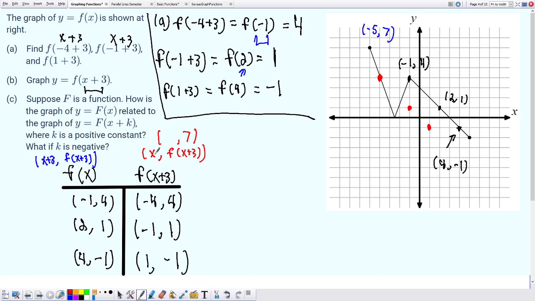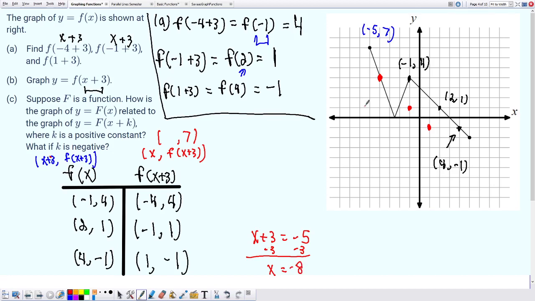F of x plus 3, but what would the original x value be? Well, corresponding to this x plus 3 on here, that is equal to the negative 5 over here. So if x plus 3 is equal to negative 5, if we subtract 3, we have that our x value is really equal to negative 8.